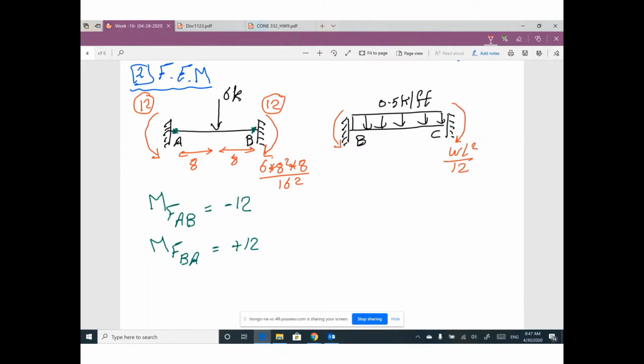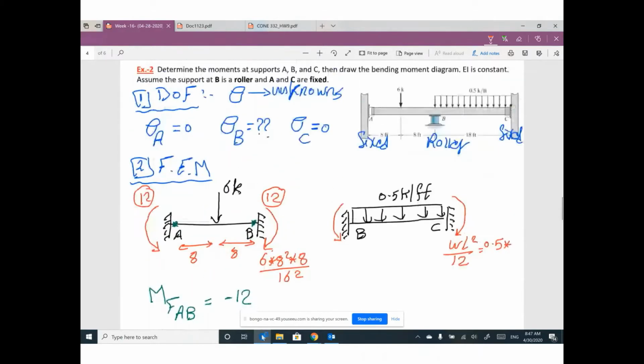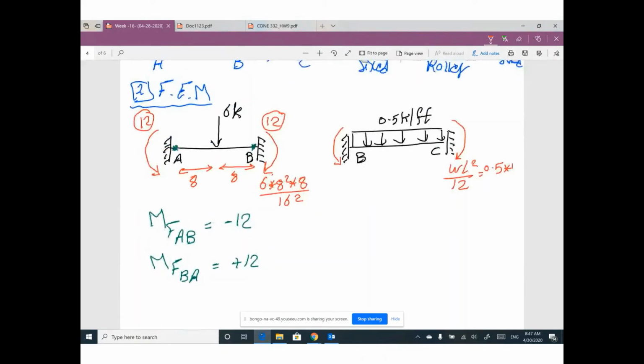So your value is 0.5 times, the whole distance is 18, square divided by 12. So 0.5 times 18 square divided by 12 equals 13.5.